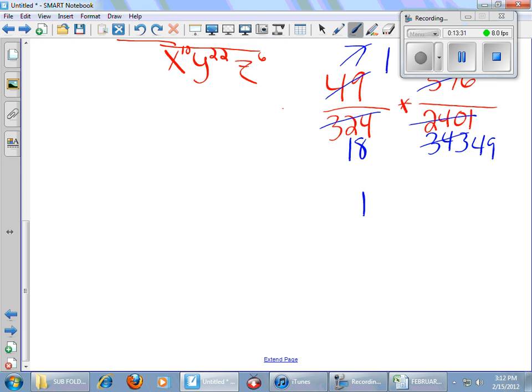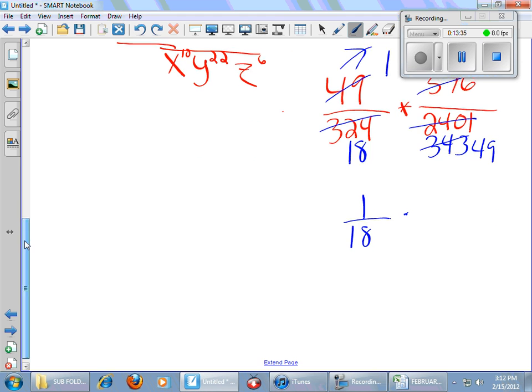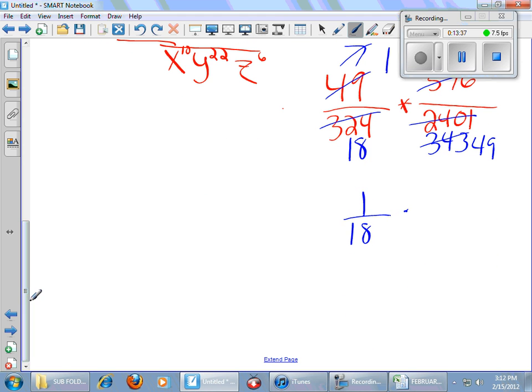I have 1 over 18 times 32 over 49. 32 over 49. And I'm noticing that I can still simplify this way. Both divide by 2, so that'll be 16. And that'll be 9. I don't believe I have anything else that'll simplify. I don't believe 16 and 49 have any common factors.